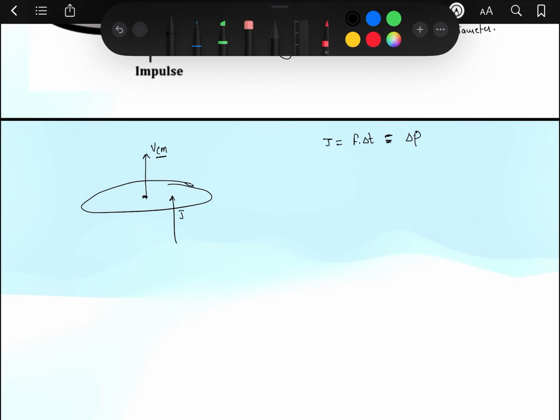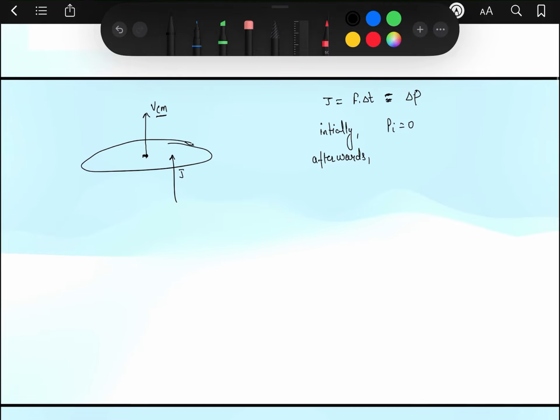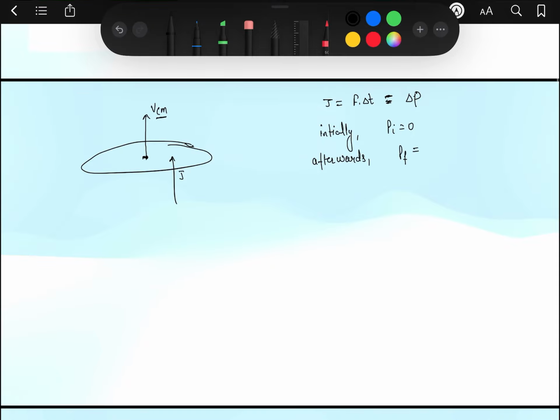Okay, so here let me suppose initially this coin was not having any type of motion, so its initial momentum will be equal to 0. And after applying this impulse, let me call it that linear momentum of the coin is P final, that is equal to M into velocity of center of mass of this coin.